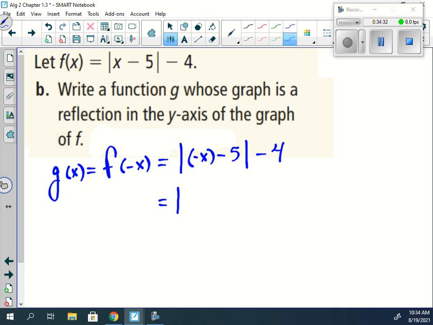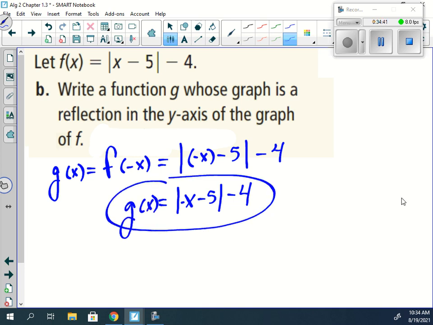Well, might as well just say absolute value of x minus 5 minus 4. Any questions on this here? Are we good with this here?